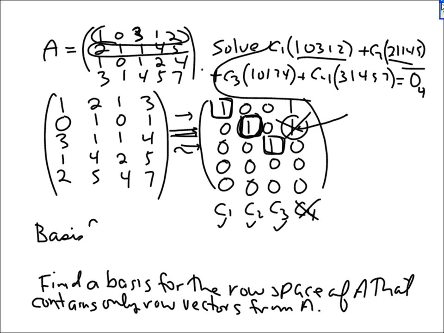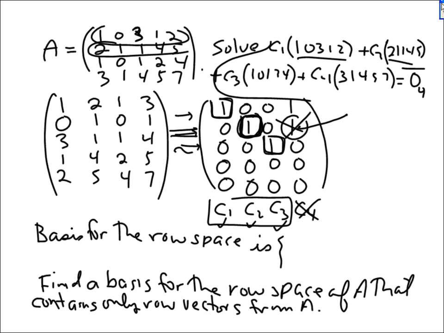The basis for the row space. Now notice, we're concerned with columns 1, 2, and 3. The fourth column is out of the picture.